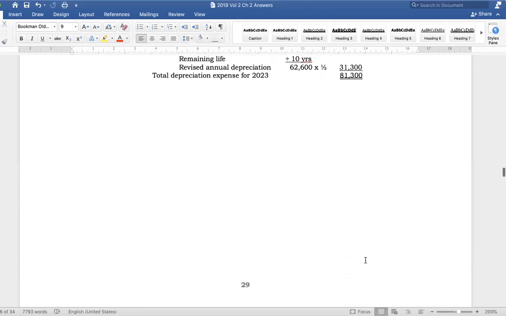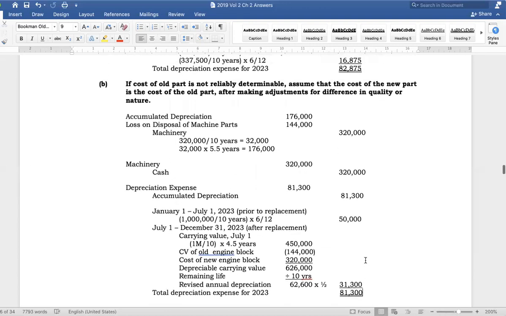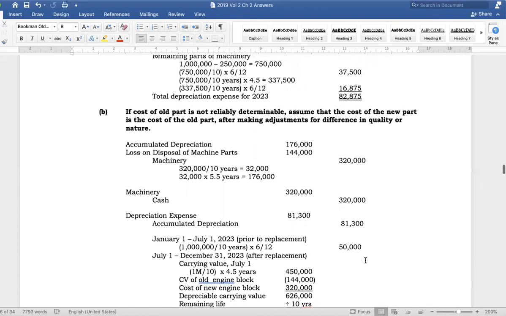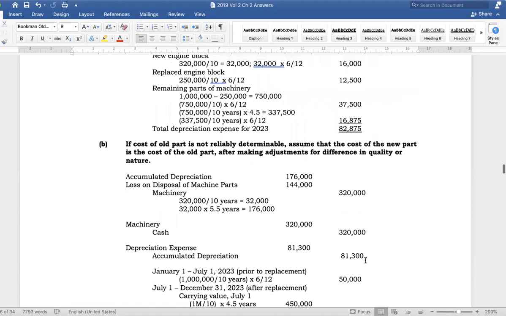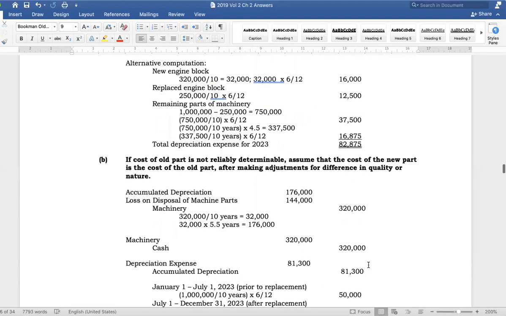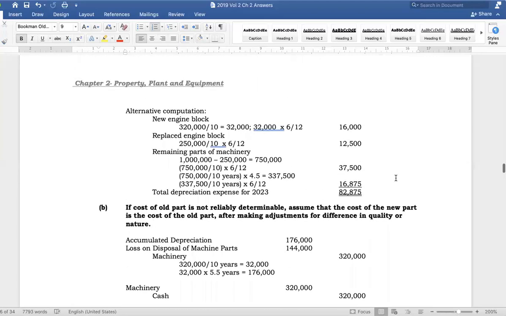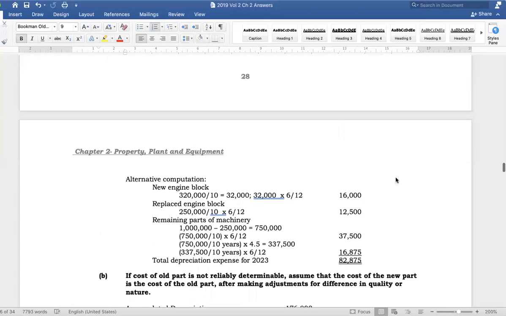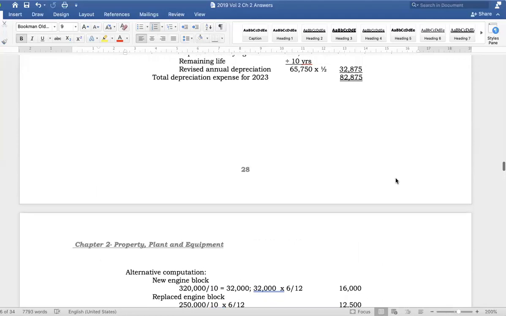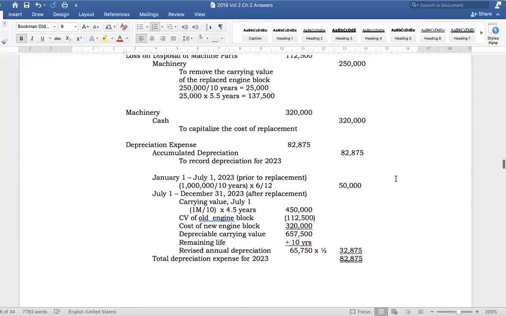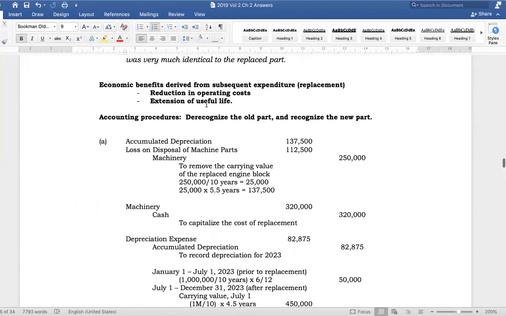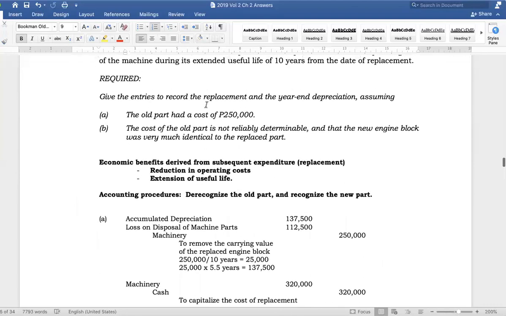Okay. Again, our principle for the replacement that is to be capitalized: you are to capitalize the replacement provided that such subsequent expenditure will provide economic benefit in excess of the originally assessed standard of performance. So we go back to this principle.